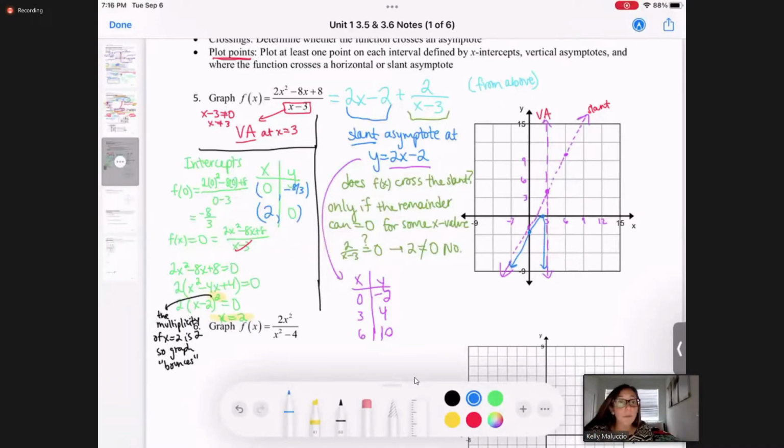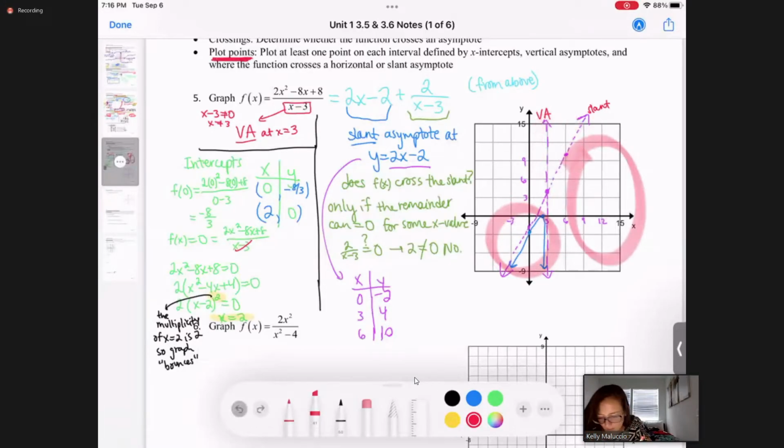So I know that's a part of the graph, but I'm missing another part of it. What they recommend when they say plot points here is, I'm good on the left-hand side of the x-axis. I don't need to plot any points there because I have this. But I'm missing something over here or maybe up here.